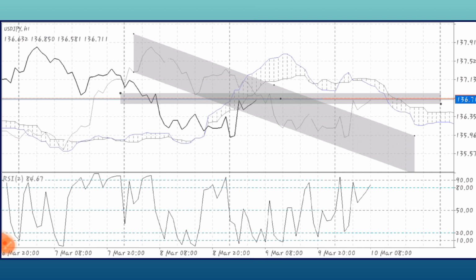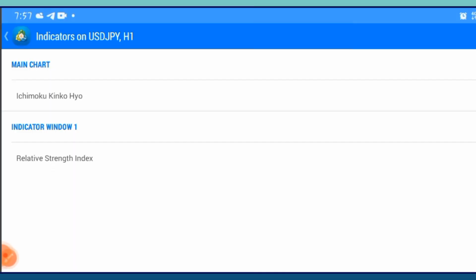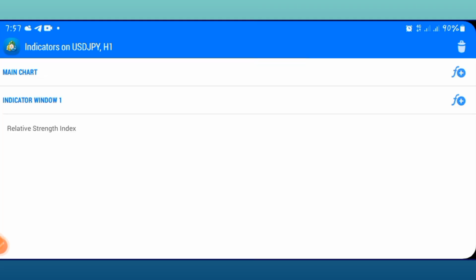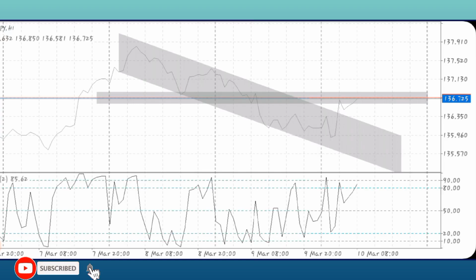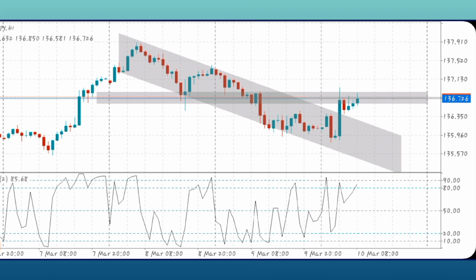Let go of the wick or take it a little bit above to hit the wick. Okay, let me get rid of the Ichimoku. I'll use my RSI. Okay, now the chart is a little bit neat. Alright, so you can see that this is a significant level.